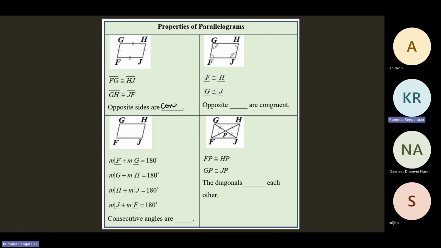So the answer is: opposite sides are congruent. Then angle F is congruent to angle H, and angle G is congruent to angle J. So this means opposite angles are congruent.